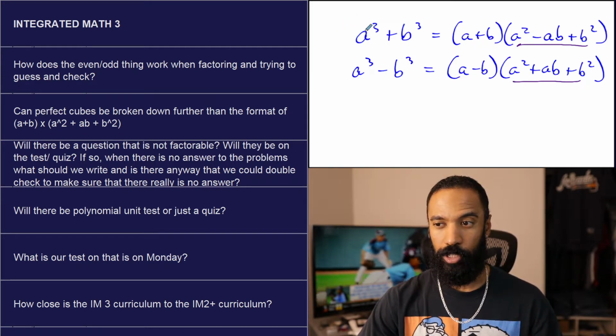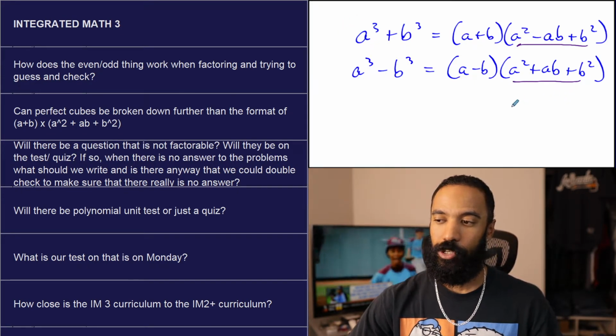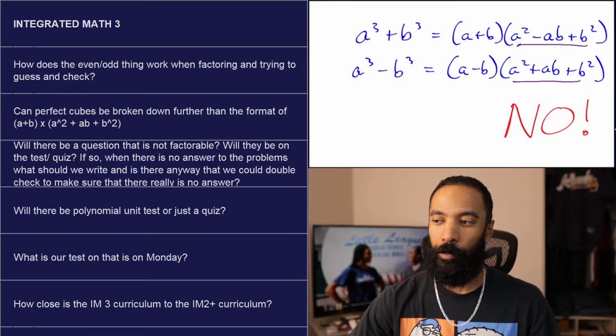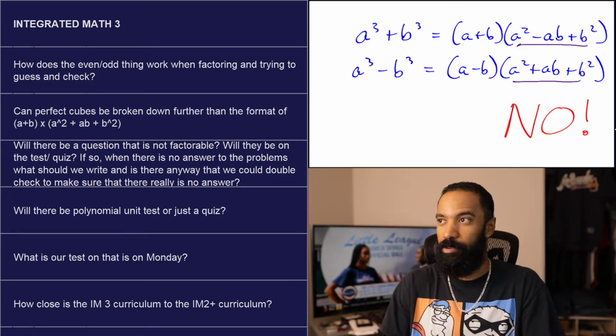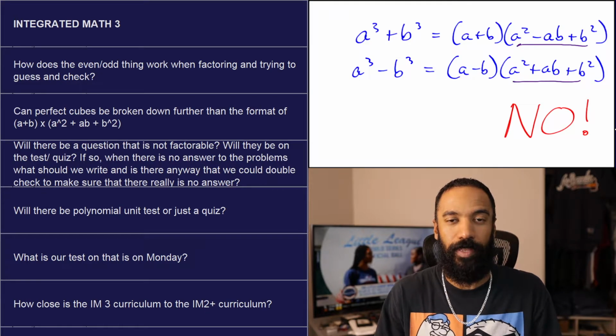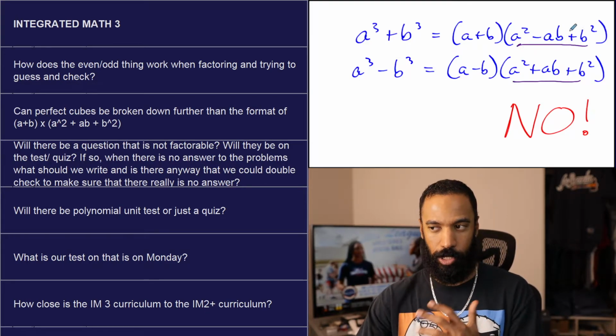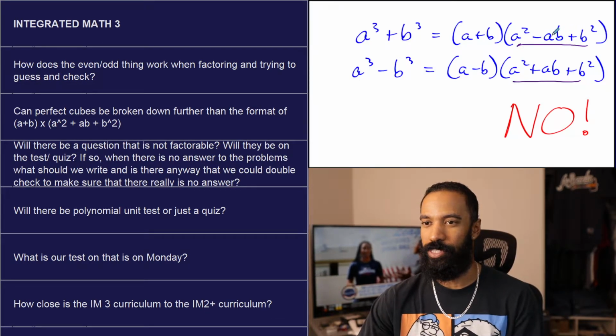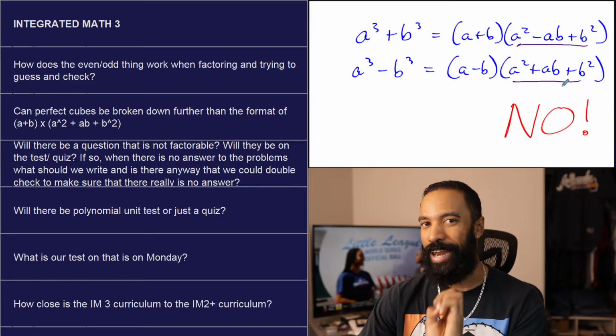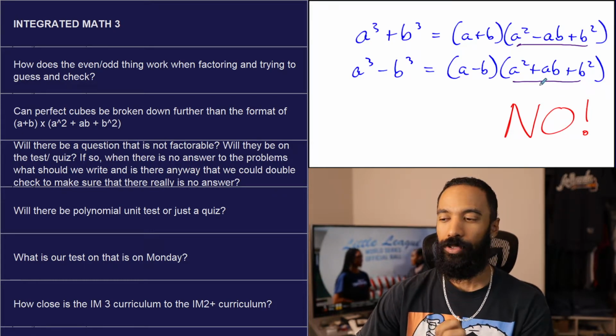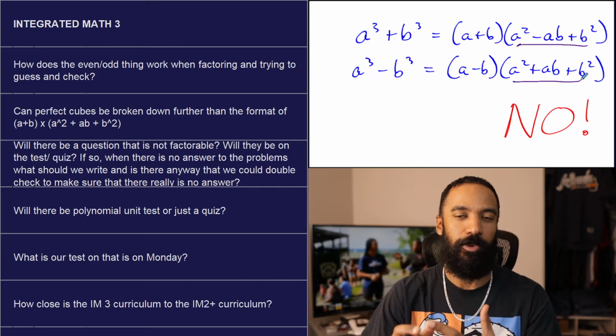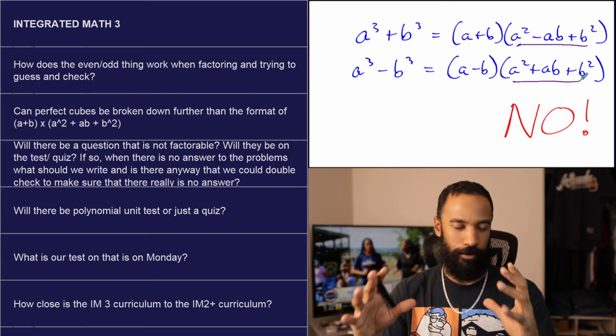As long as we're talking about cubics like x cubed, the answer is actually an emphatic no. It's a really good question to ask because we've been factoring quadratic trinomials, so why can't we factor these down more? It is an emphatic no. And when I say factorable, I mean with real integer coefficients.